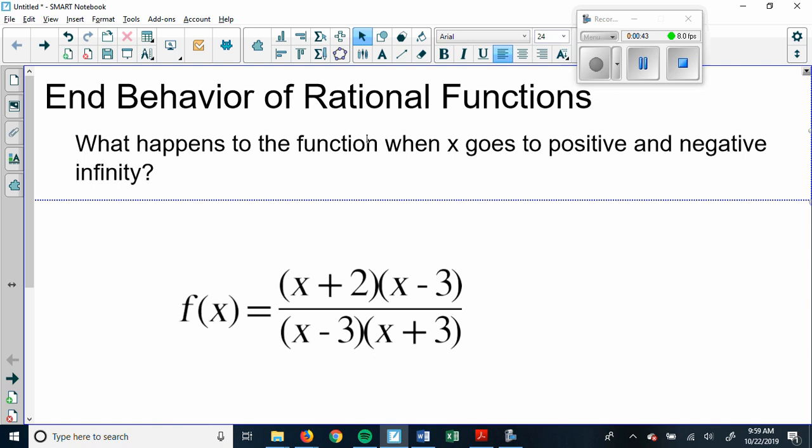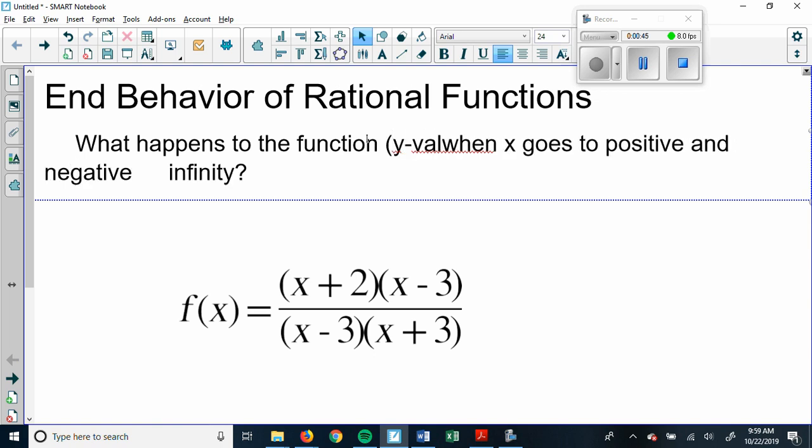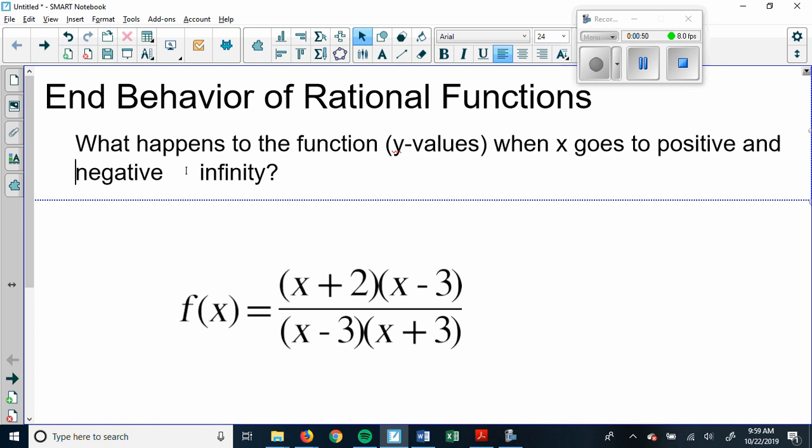What happens to the y values is a better way to say this.